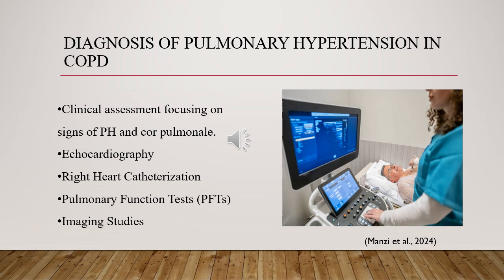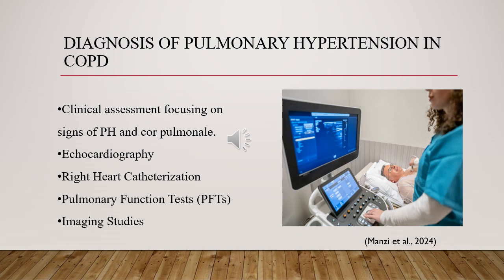Accurate diagnosis of pulmonary hypertension in patients with COPD involves a combination of clinical and instrumental evaluations. A thorough clinical assessment, including a detailed patient history and physical examination, is essential to detect signs such as jugular venous distension, peripheral edema, and other manifestations of right-sided heart failure called cor pulmonale.